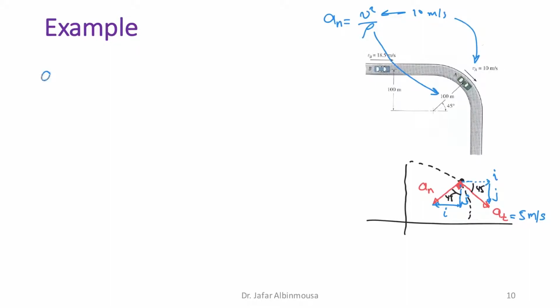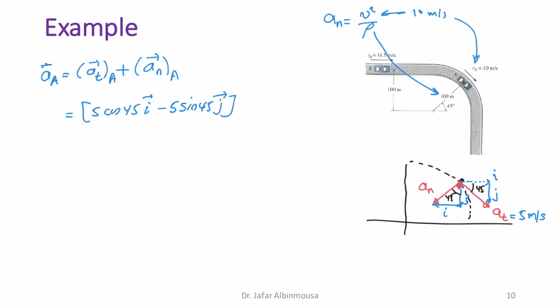So I'm going to write down the acceleration vector of A, which is equal to AT vector at A plus AN vector also at A. Now, this one is equal to 5 cosine 45 i minus 5 sine 45 j plus minus 10 square over 100 sine 45 i minus 10 square over 100 cosine 45 j.